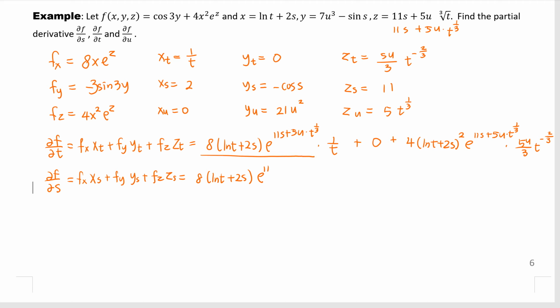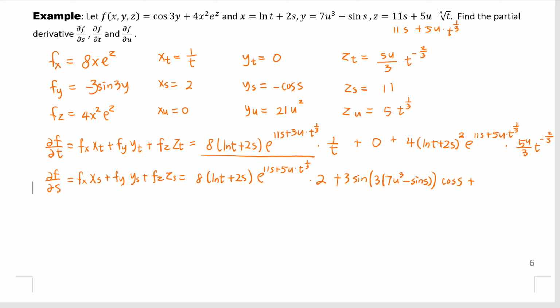Now multiply by xs, 2. And then fy is negative 3 sine 3y, but y is 7u cubed minus sine s, times ys, negative cosine; negative becomes positive, cosine s.